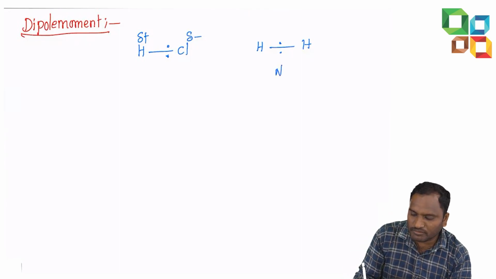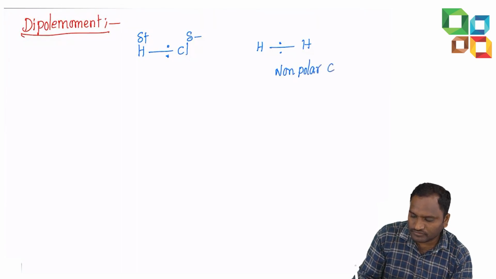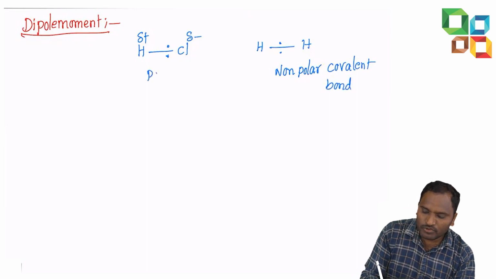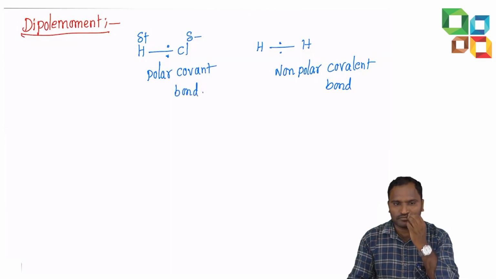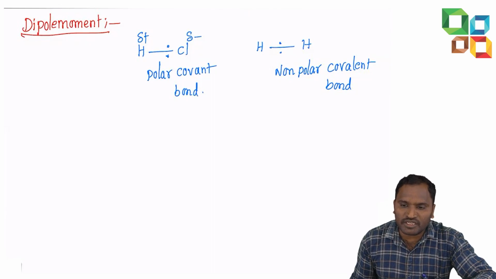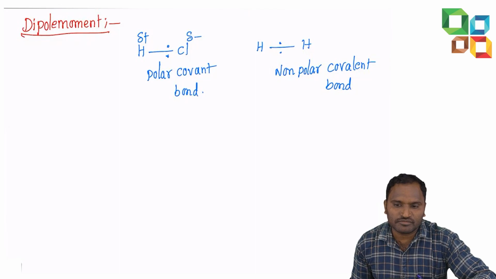So this is an example of a non-polar covalent bond. Dipole moment generally happens in polar covalent bonds only.